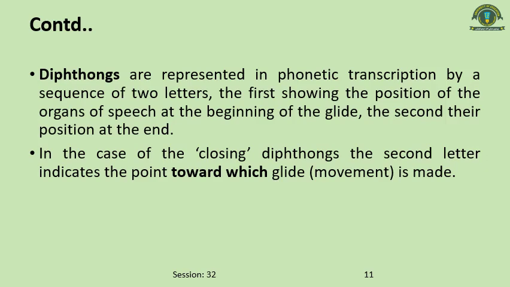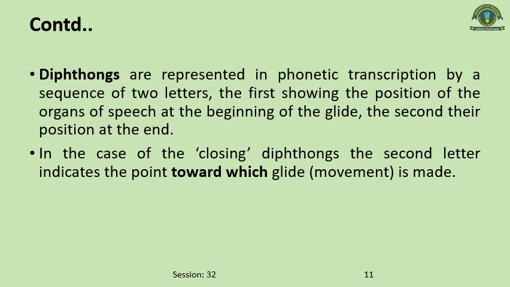The first tells us the position of speech organs at the beginning of the glide, when the glide takes its start, and the second, their position at the end. That's why all English diphthongs are falling, because it's a glide. Ay, oy.